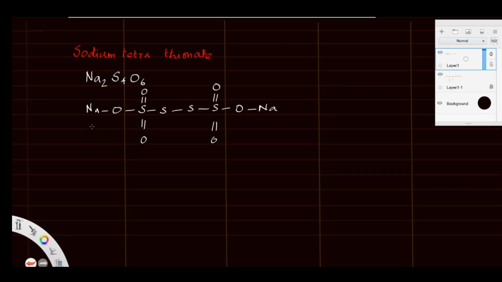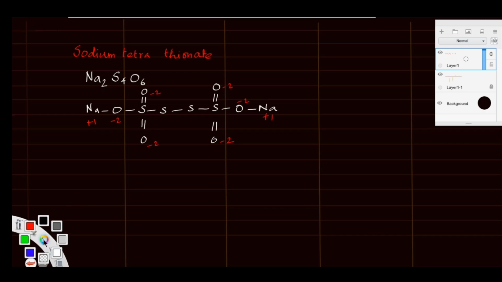Now the oxidation states of the elements. Sodium has +1 and the oxygens have -2 as the oxidation state. All oxygens have -2 and here sodium is +1.